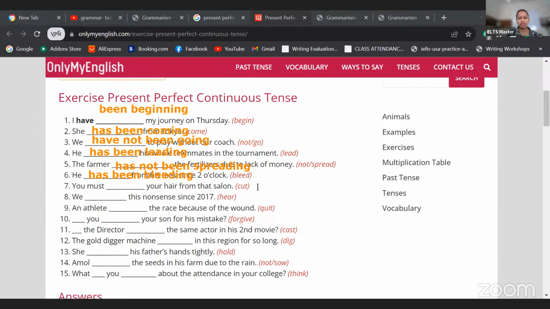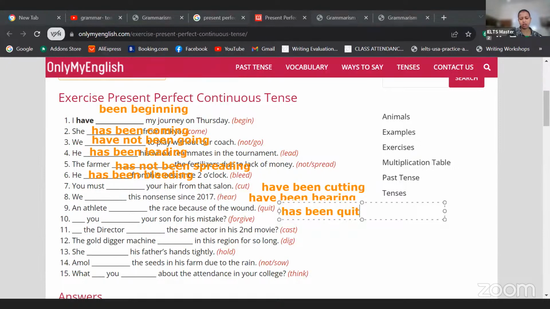You must have been cutting. We have been hearing. An athlete has been quitting the race because of the wound.